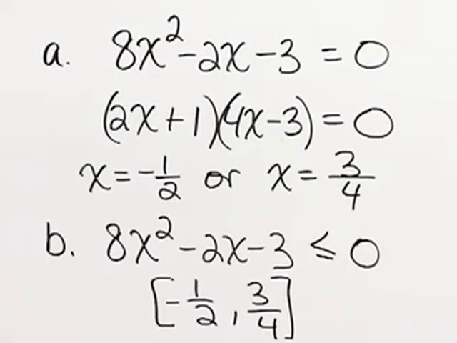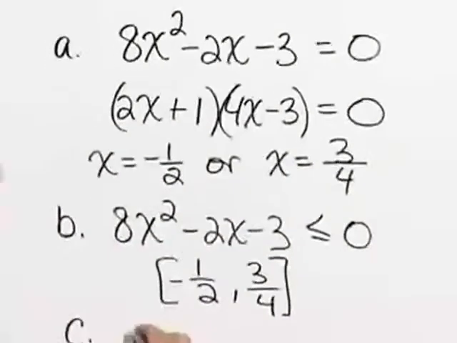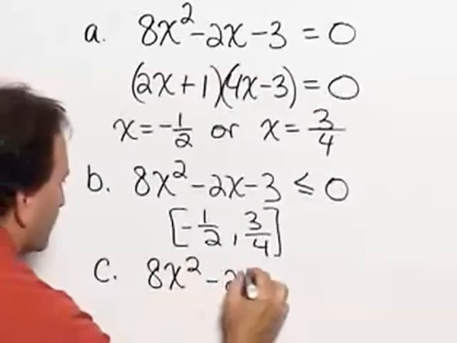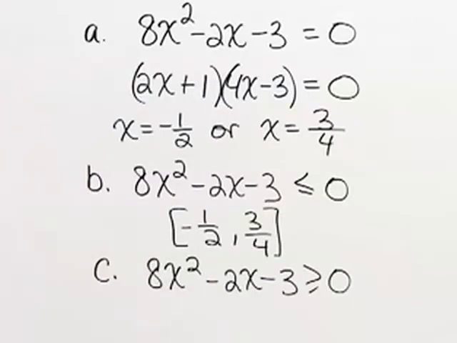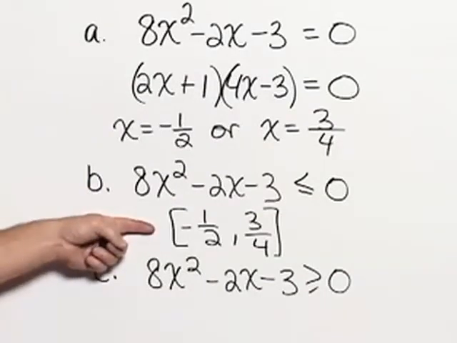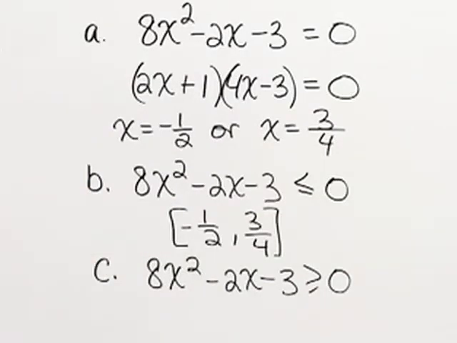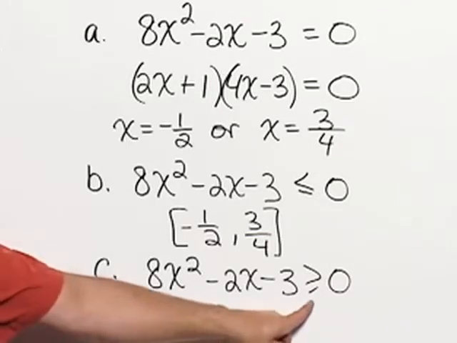Now for Part C, we are supposed to solve 8x squared minus 2x minus 3 is greater than or equal to 0. Well, knowing what we now know from solving Part B, the graph opening up means that we're interested in where it is above the axis.